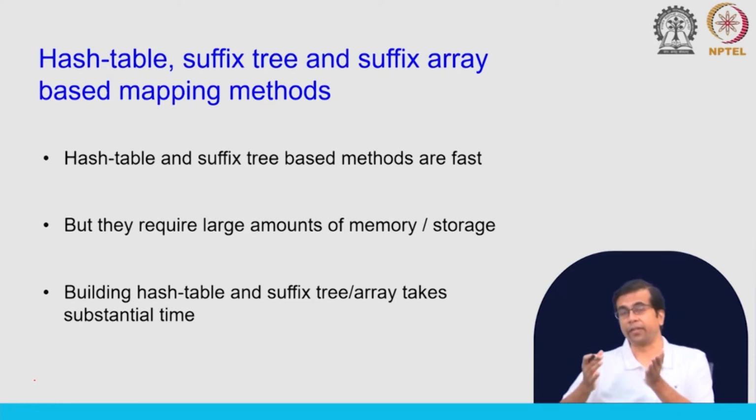Similarly, building the suffix tree structure also takes quite a bit of time. In case of suffix tree or array, once you generate the data structure you can store it and do not have to build it again and again, whereas for a hash table, if you change the seed size, the k length, you will have to rebuild the hash table.